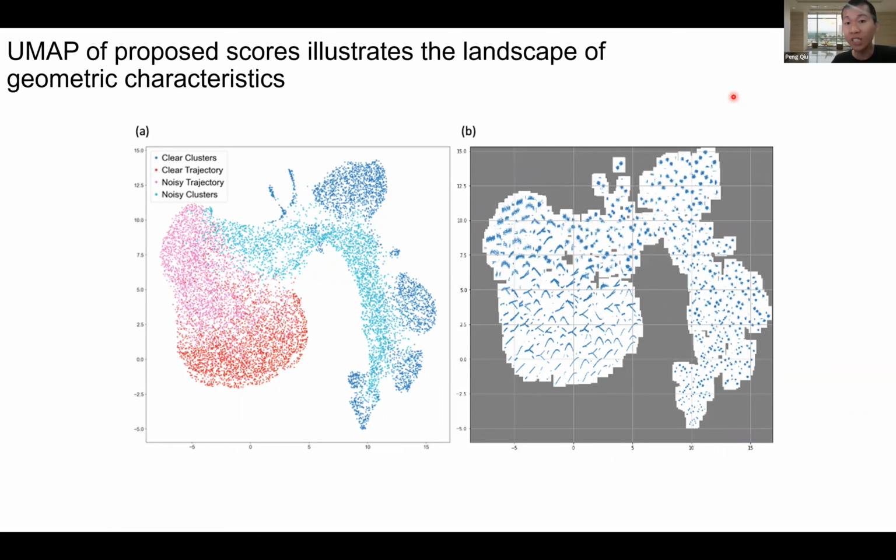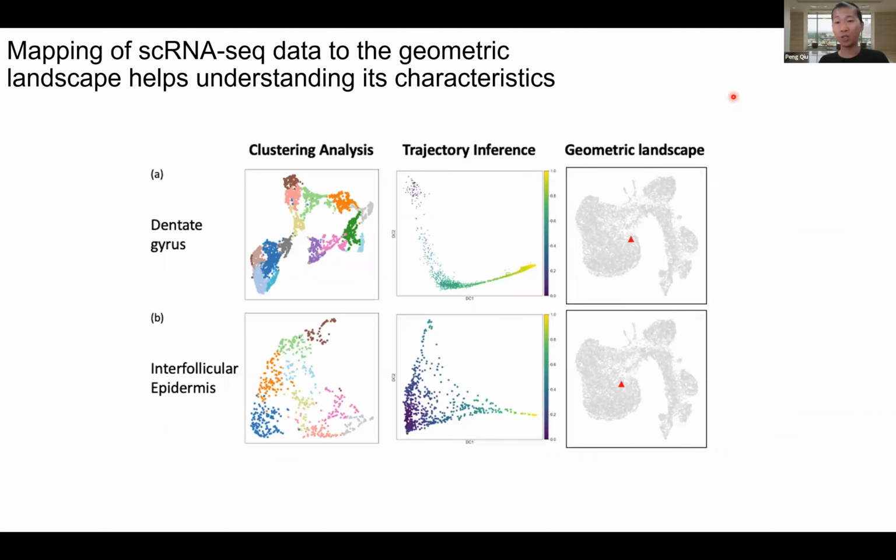Okay. And now once we have this, we can use this UMAP as what we call a geometric landscape to evaluate any real single-cell RNA-seq data set. So for example, this is a real single-cell RNA-seq data set.